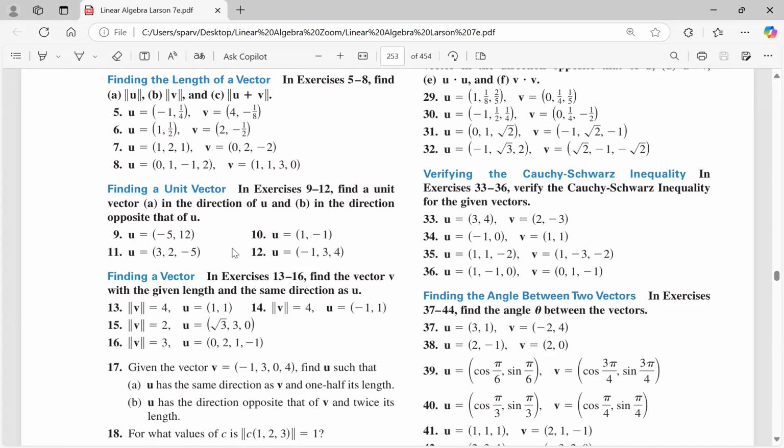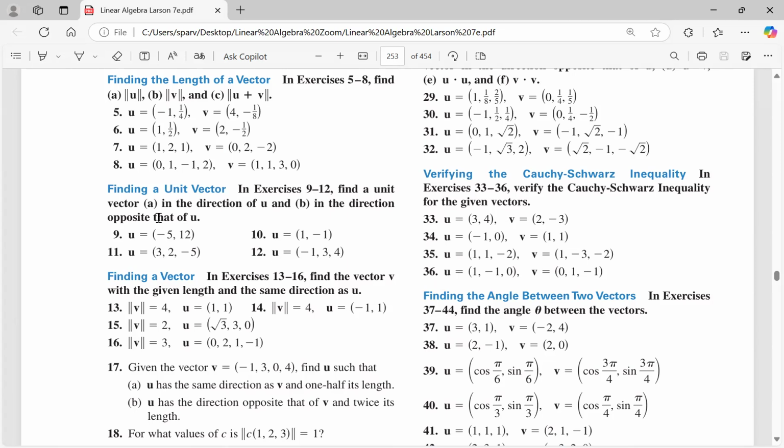Okay, so we're going to look at this exercise number 12. In exercise number 12, we're given a vector. The question reads, find a unit vector. I'm going to write this as we go along. So this is in section 5.1, and we're doing exercise number 12. So in number 12, a vector U is in R3, three-dimensional vector, -1, 3, 4.